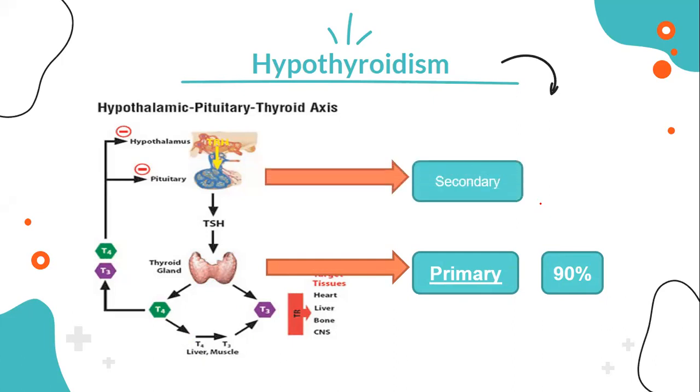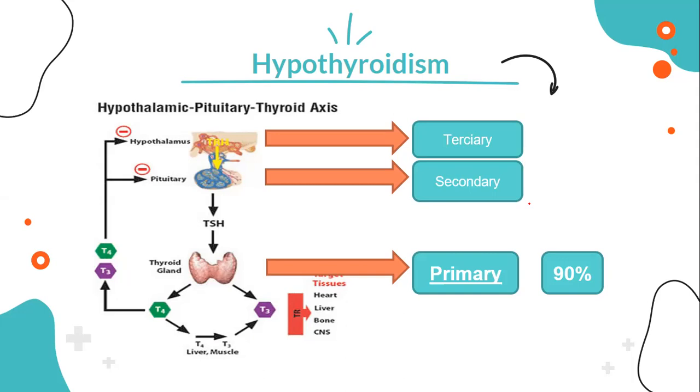Then we have a secondary hypothyroidism, which is related to the decreased function of the pituitary gland. And then we have a tertiary hypothyroidism, which is related to a decreased function of the hypothalamus. Primary is the most common one, and secondary and tertiary are also called central hypothyroidism.